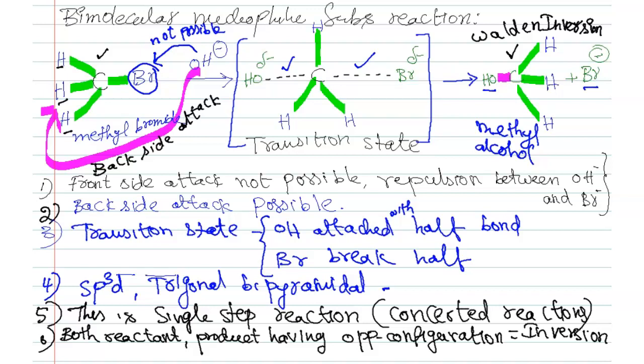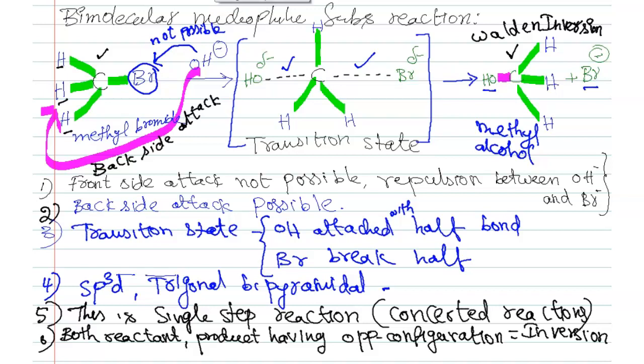Slowly OH will attach completely and Br will be completely broken. Then we get CH3OH, methyl alcohol, with the opposite configuration. Both reactant and product have opposite configurations. This is known as inversion of configuration, that means inversion product. Actually Walden found this out, so on his name we call it Walden inversion.